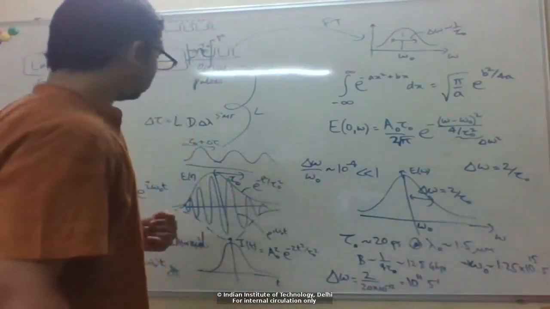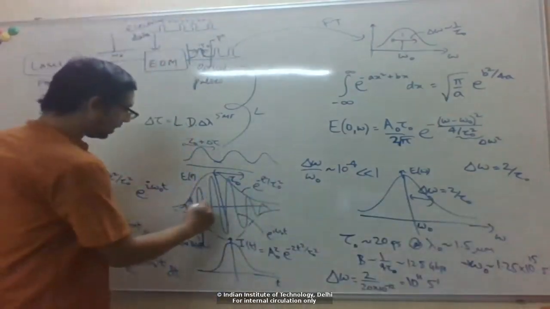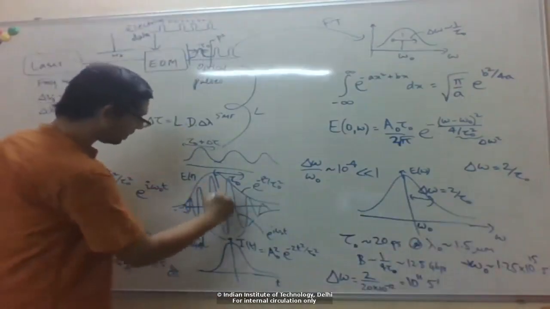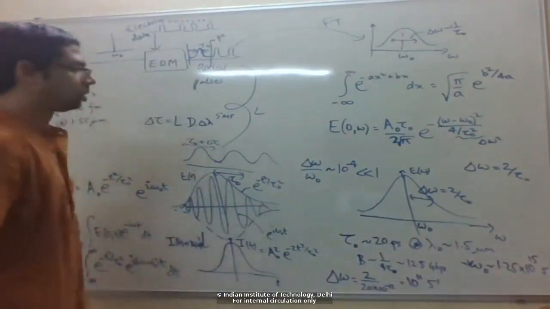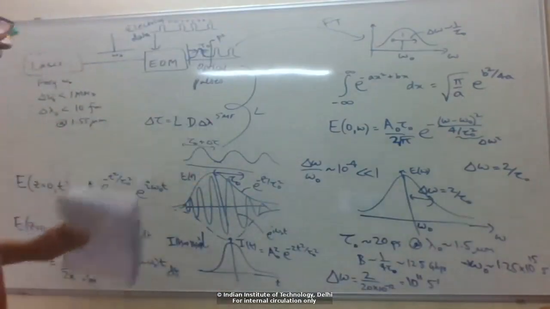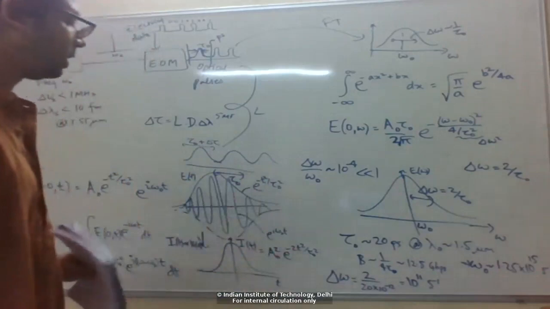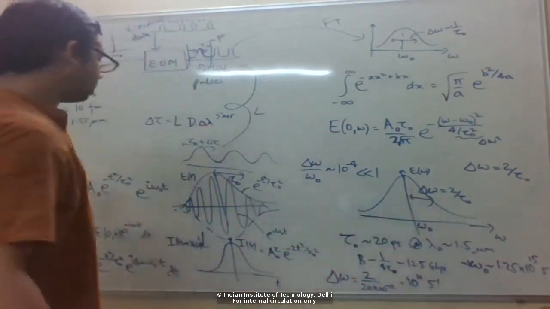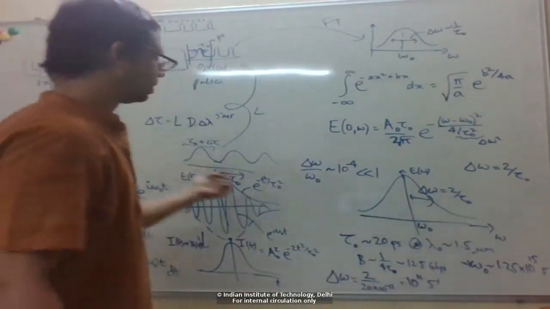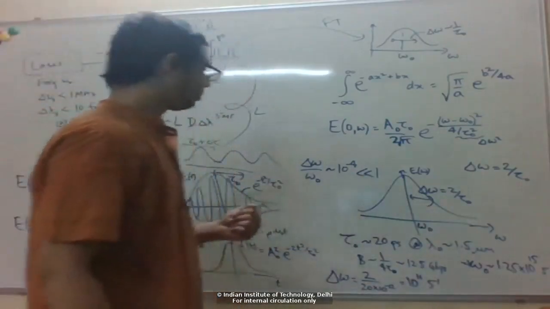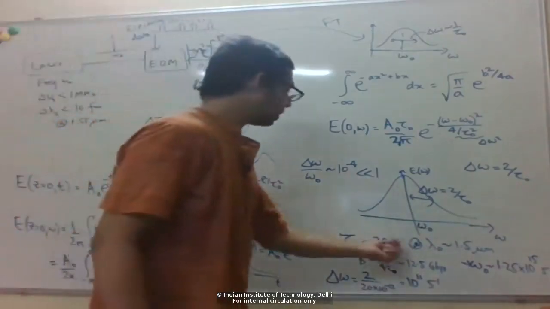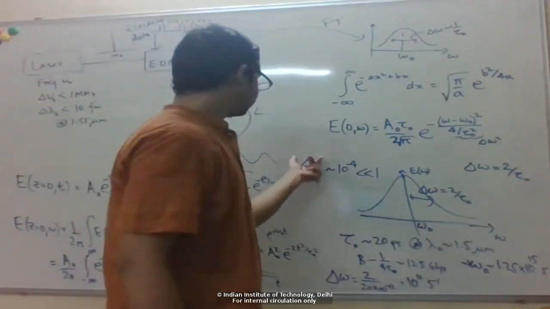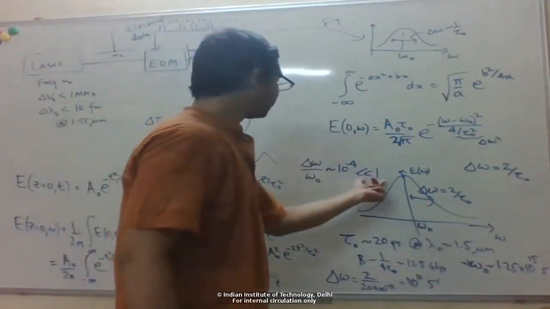For that, either you have to go to single cycle kind of pulses, one or two cycles just in the pulse, or you have to broaden the spectrum using some nonlinear optical techniques. Apart from those special cases, especially for optical communications, this is the regime we are working in. As long as you have picosecond pulses at near infrared wavelengths, you have this condition that the fractional bandwidth is very, very small.